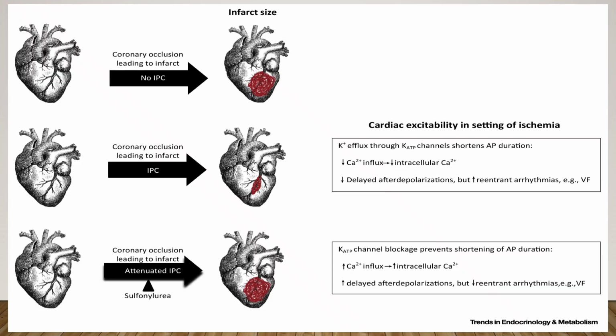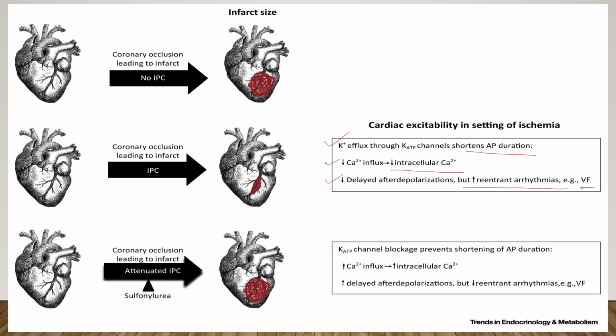When a patient gets a coronary occlusion, the potassium efflux through the KATP channel shortens the action potential duration. So there will be decreased calcium influx and decreased intracellular calcium, and this causes decreased delayed afterdepolarization. Depolarization can occur early, but there can be reentrant arrhythmias.